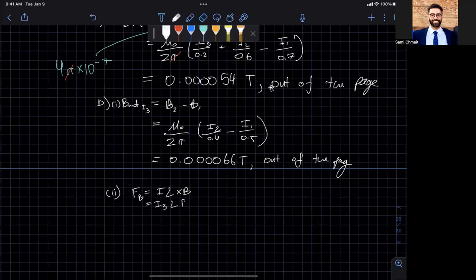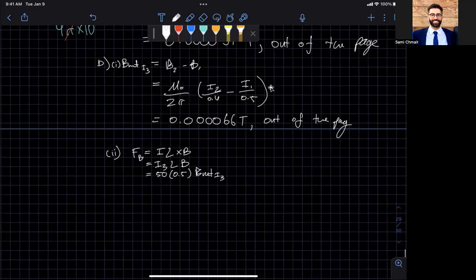So we can just rewrite that as I3 LB. Okay. So plug in everything. We know that's 50 times the length of this, it's 0.5. And then times that B net at I3 we just got. I won't rewrite it, but you know what to plug in there. Okay. So if you draw what we know here, we know that B net here is going out of the page.